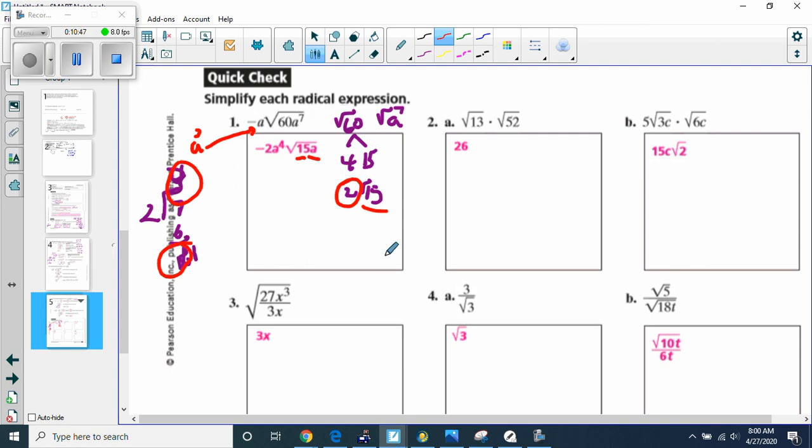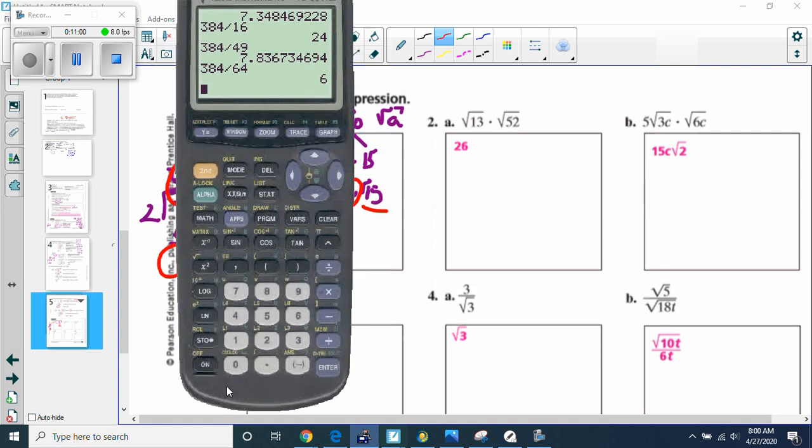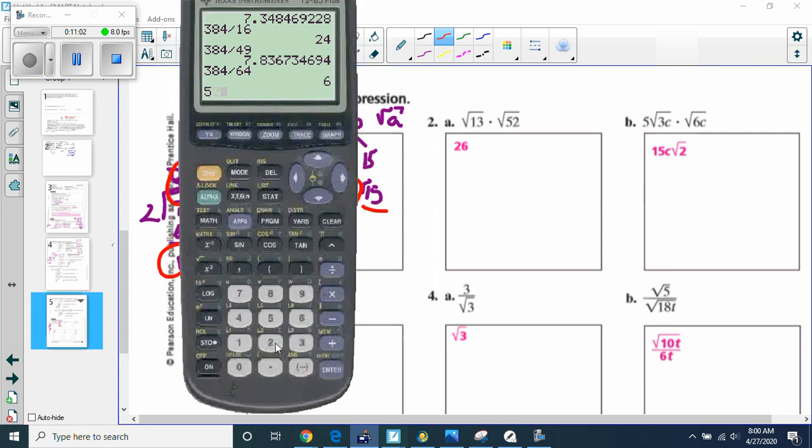Square root of 13 times 52. They just go ahead and multiply this. Square root of 52. Let's see what goes into 52. Well, 2 goes into it, which is 26.